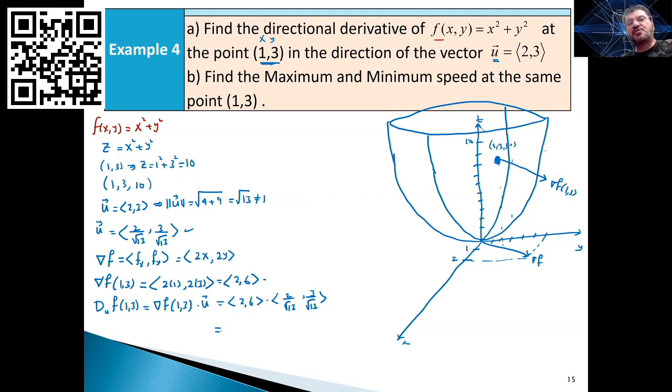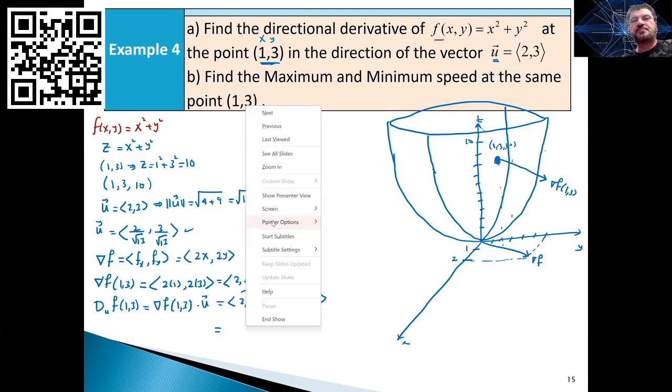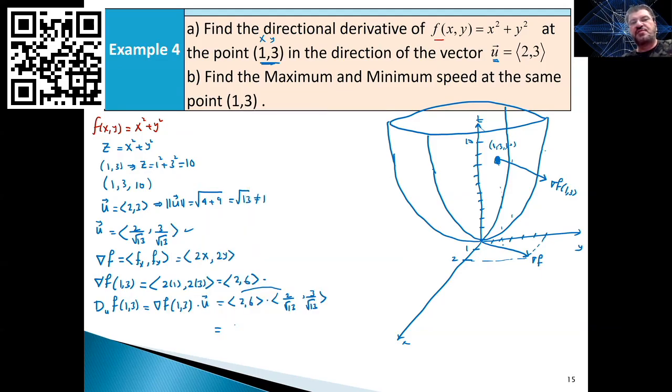If I multiply these two, guys, what do we get? Sorry, there is no vector here. This is supposed to be a scalar. So this is 4 over root 13 plus 6 times 3, which is 18 over root 13. And this is equal to 22 over the square root of 13.